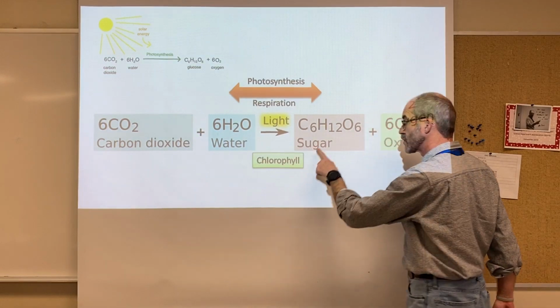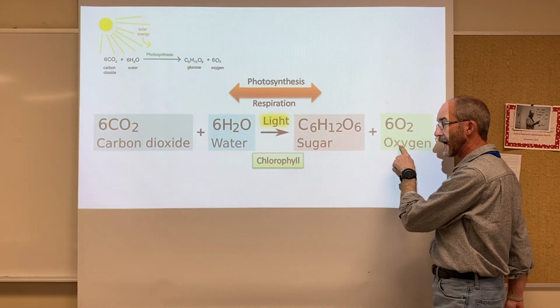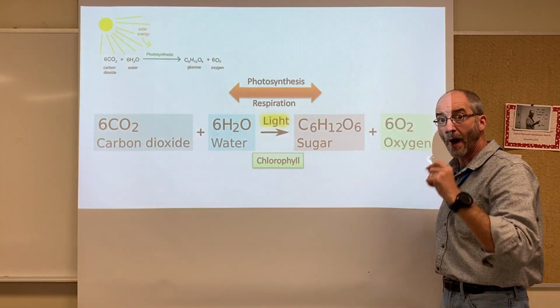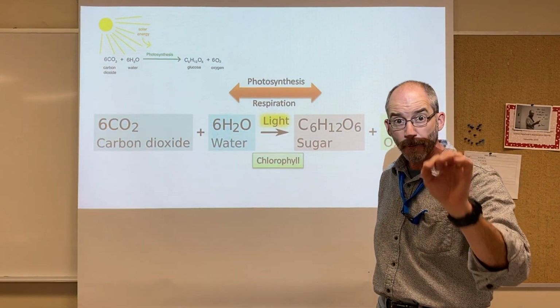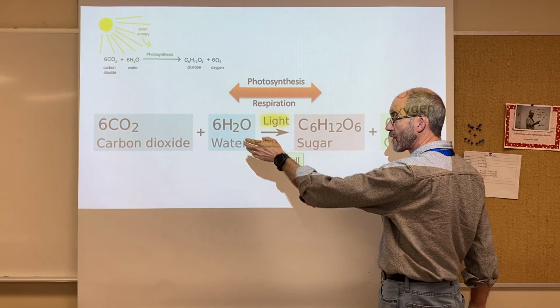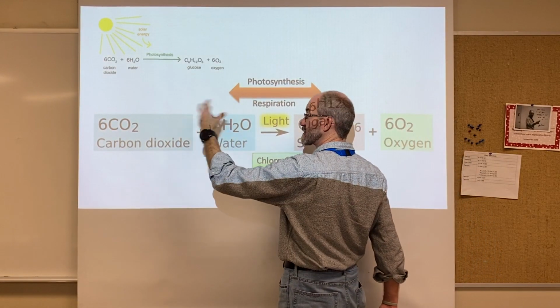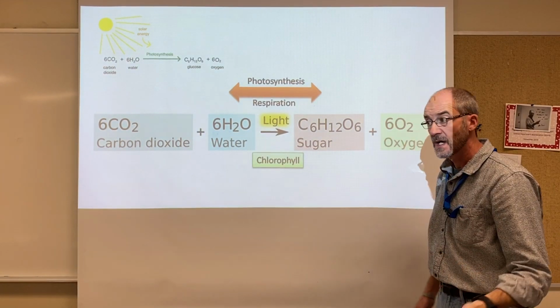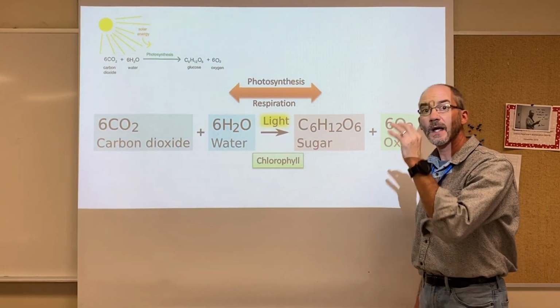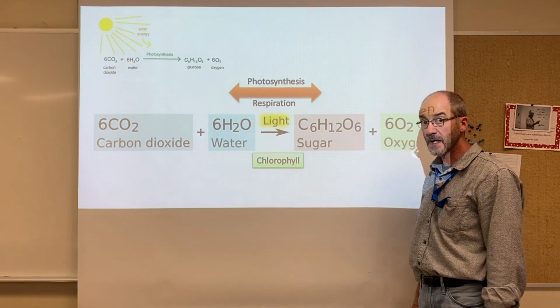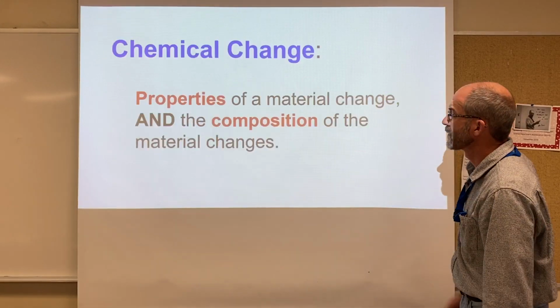We end up producing a sugar and giving off another gas, which we did not have present over here. So while we are conserving matter, we are creating something different out of the same materials. So this is a definite chemical change.